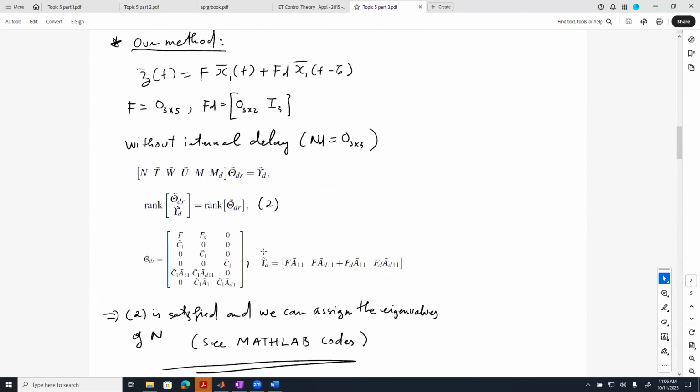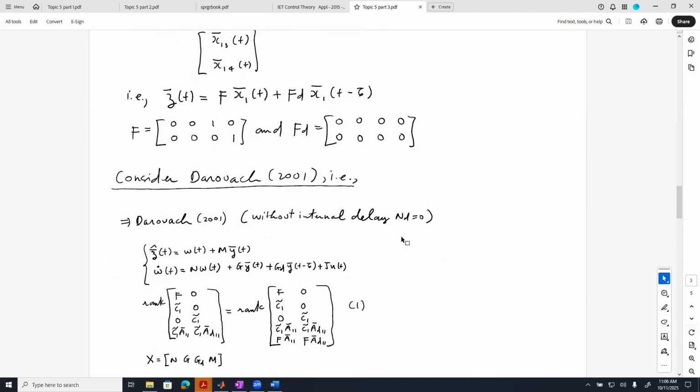It would hold if we insert an additional row in this functional, and that relaxes the existing condition. That's the idea behind it.